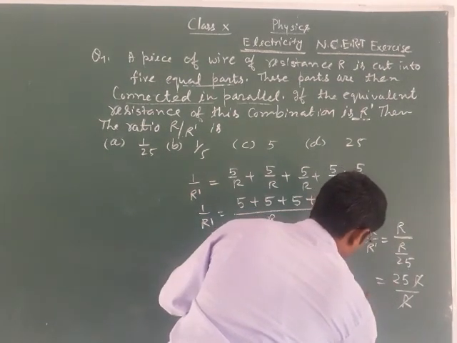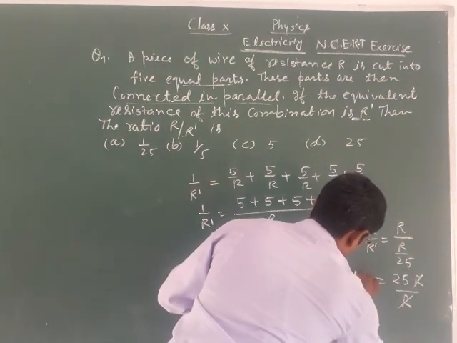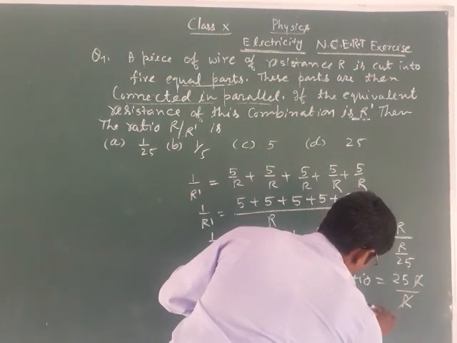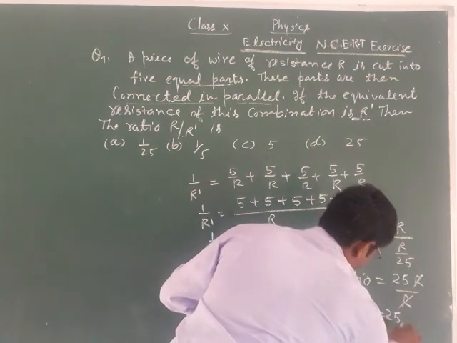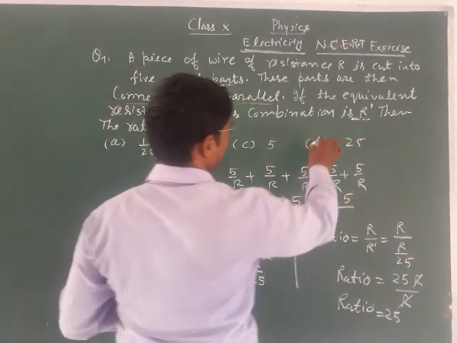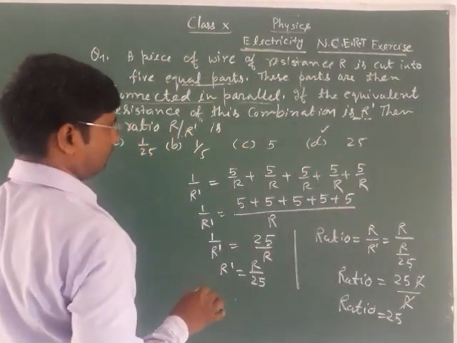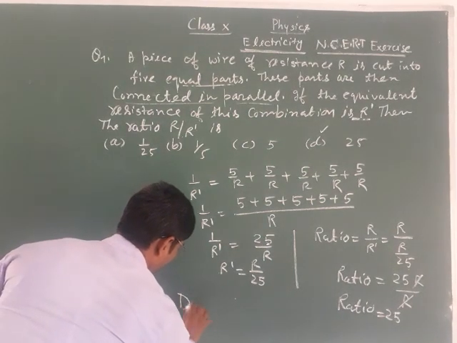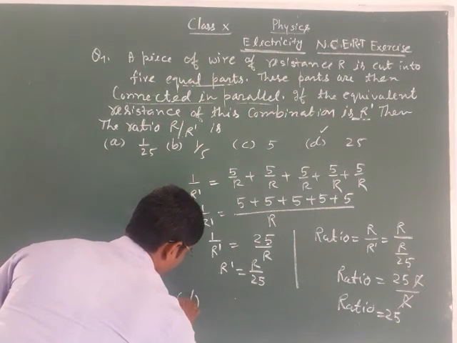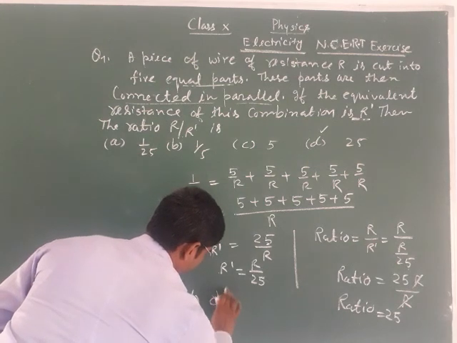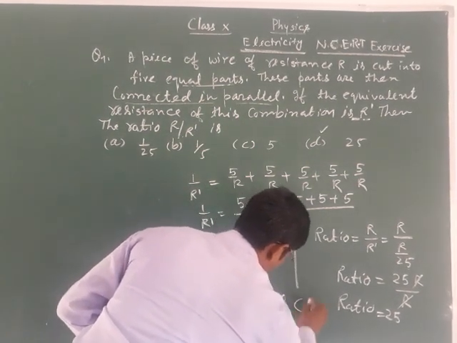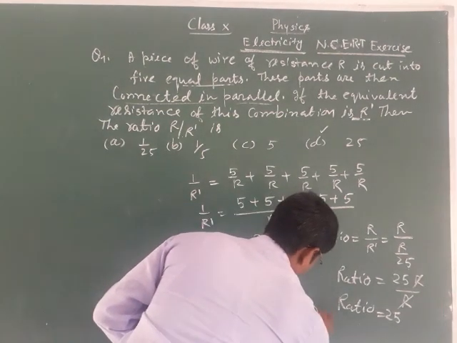So the ratio is equal to 25. So option D is correct.